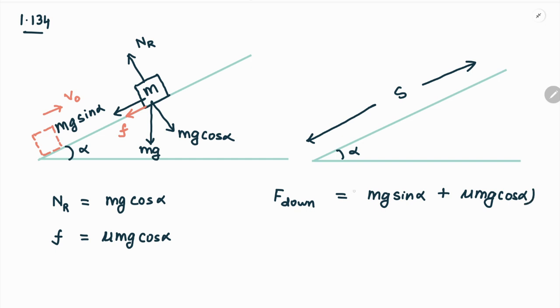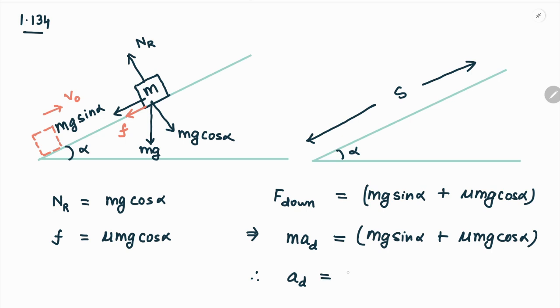Both forces combine to produce the retardation, and m times the acceleration down the incline is equal to mg sin alpha plus mu mg cos alpha, and therefore the acceleration down the incline is equal to, m cancelled out, g times sin alpha plus mu cos alpha.